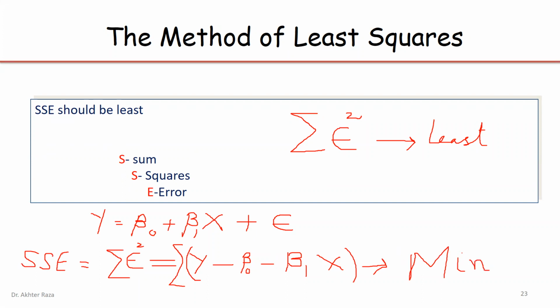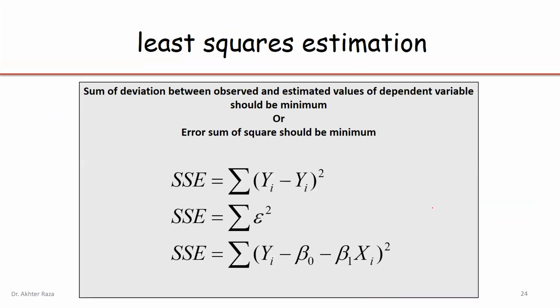To estimate the values of beta naught and beta 1, we need such values of beta naught and beta 1 which give us a minimum value of the sum of square of error. This is the technique which is generally used to estimate these parameters.